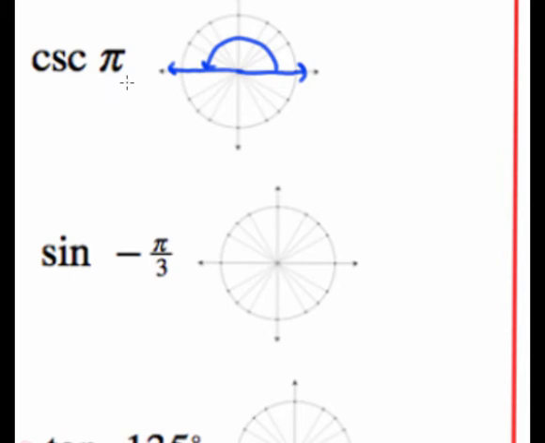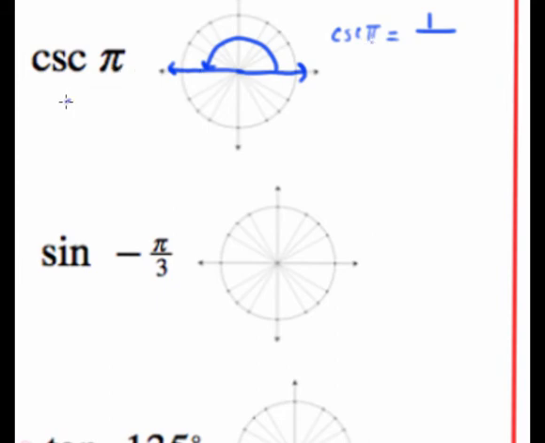So let's take a look at cosecant of pi. Cosecant of pi is just going to be 1 over, or the reciprocal of, the sine of pi.